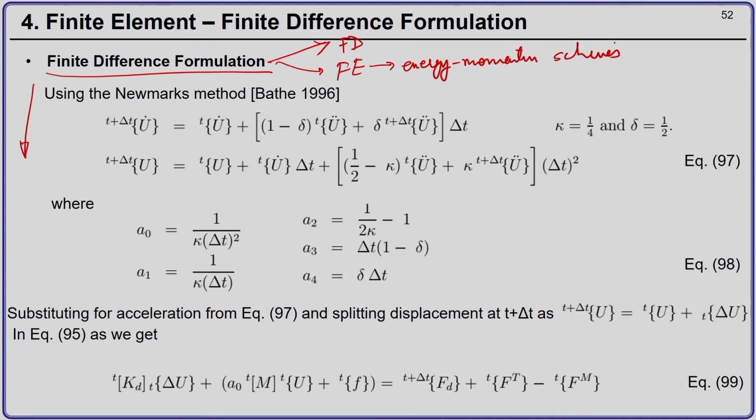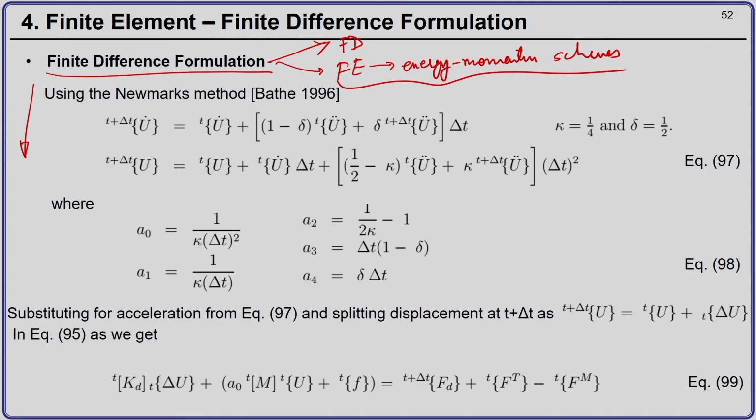These schemes have criteria where the energy and momentum of the process can be conserved if it is a conservative system, or it can be dissipated at a particular rate. But this is a little difficult to understand and to apply. If you wish, you can look into the literature. There are a lot of research papers available, starting from the work of Simo and Tarnow in 1992. You can see this paper and all the papers which refer to it.